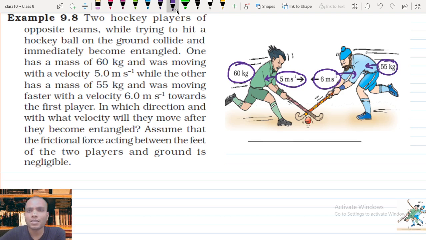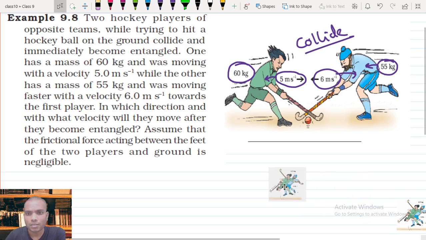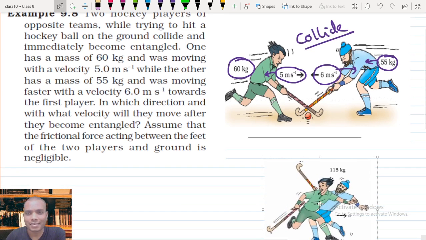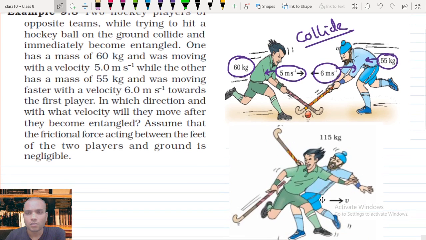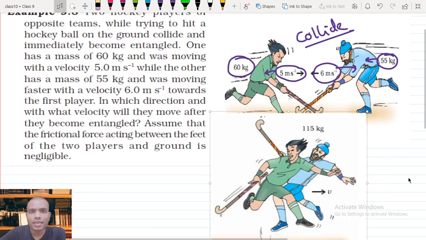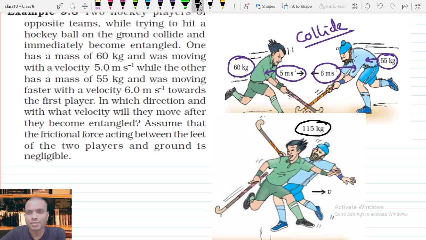In this situation they collide. After collision, they become entangled. Entangled means they become together. In the given figure, the total mass, if you add 60 plus 55, becomes 115 kg.